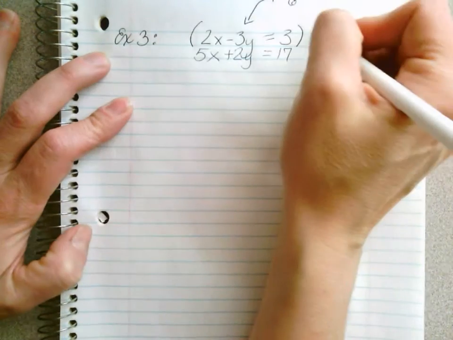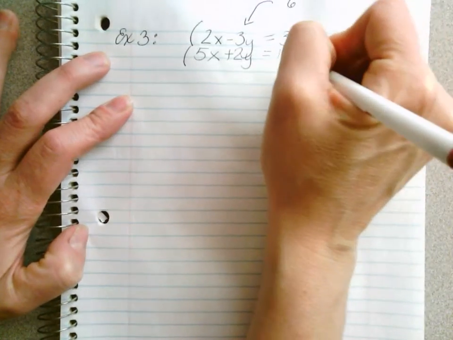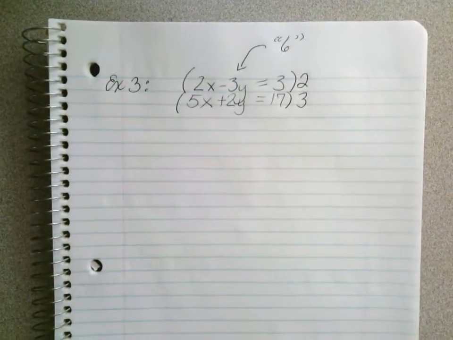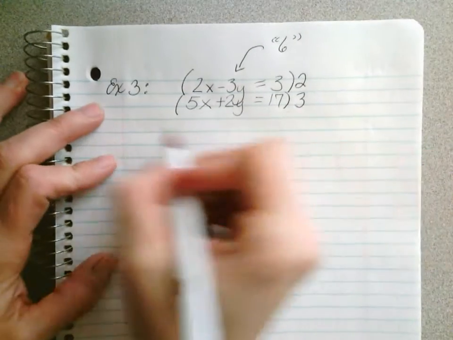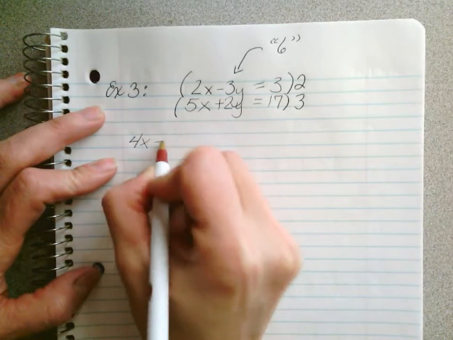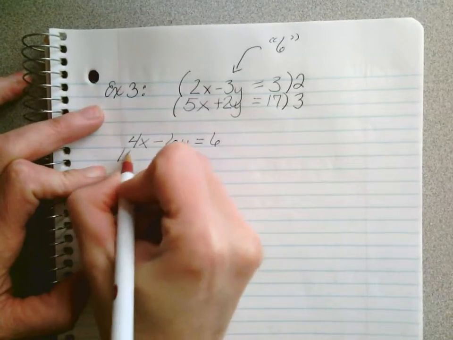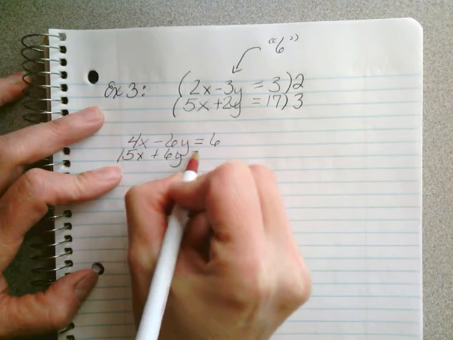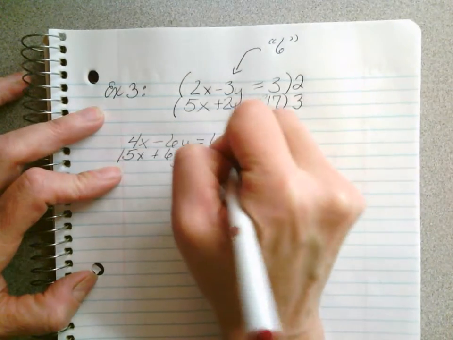If I multiply the top piece by 2 and the bottom piece by 3, my y values now become 6's, being able to cancel each other out. So here's my first new equation. 4x minus 6y is 6. My second new equation, 15x plus 6y equals 51.